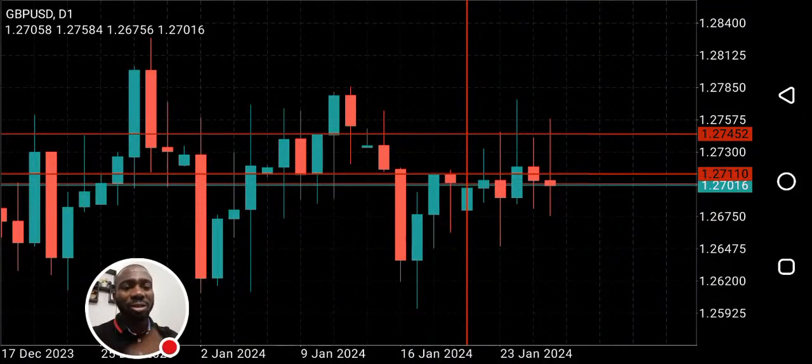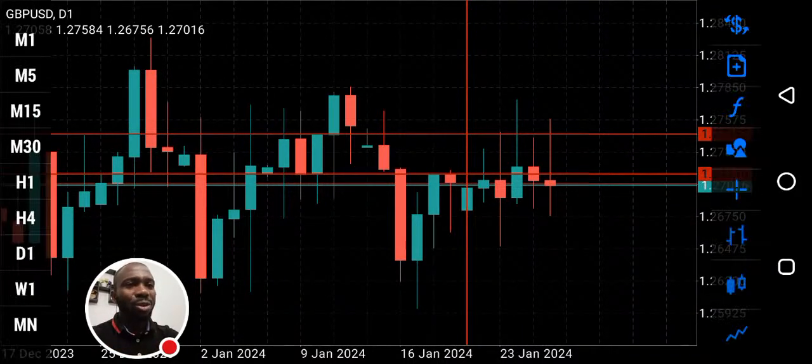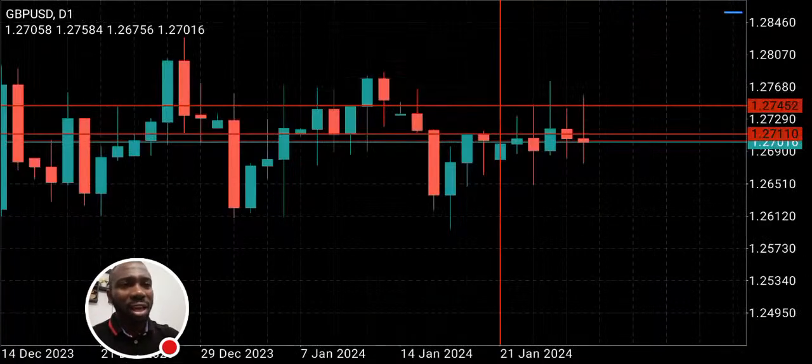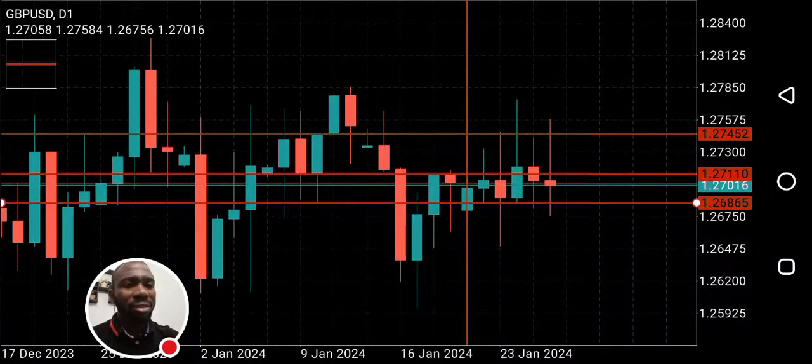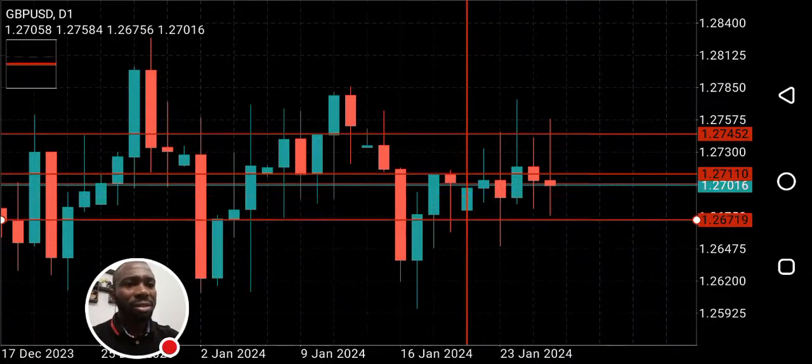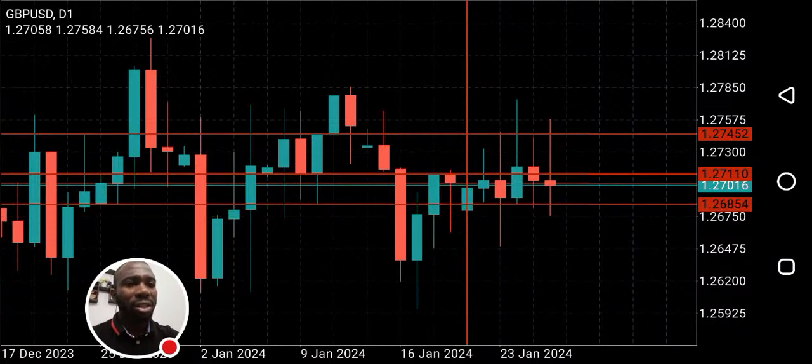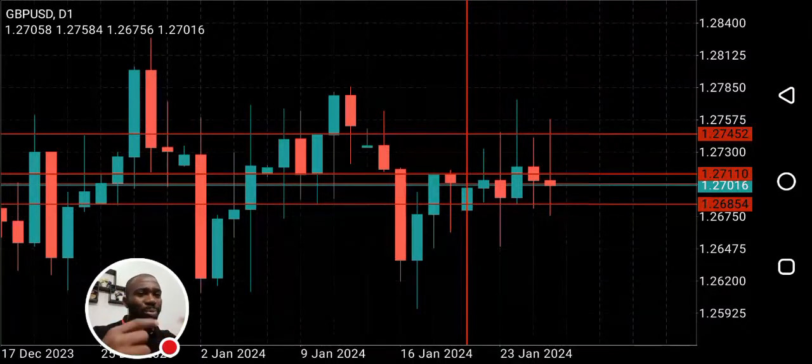Another thing I consider before I execute a sell trade is the low of this shooting star. Can you see the low of that shooting star? The next candle, the bearish candlestick that closed after that shooting star, didn't close below the low of that bullish shooting star.